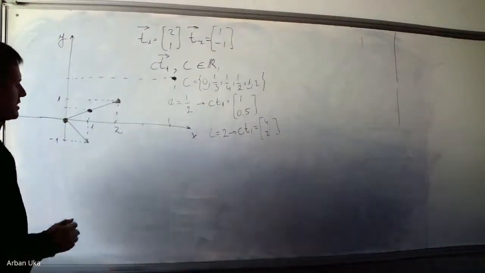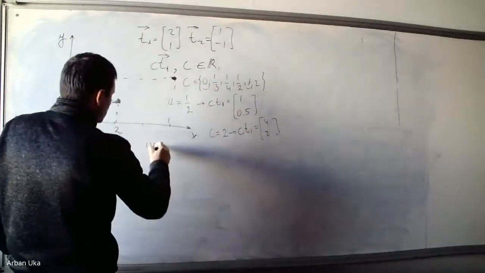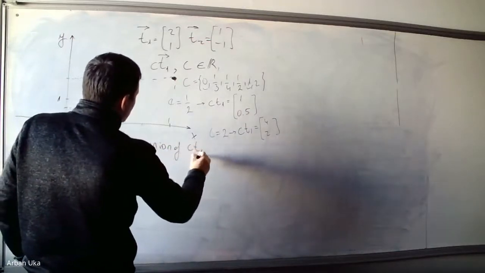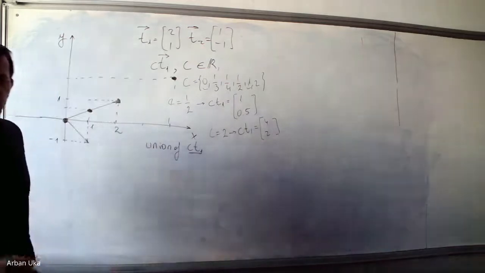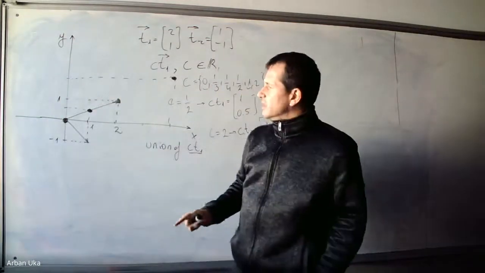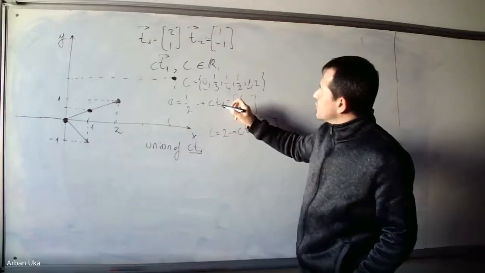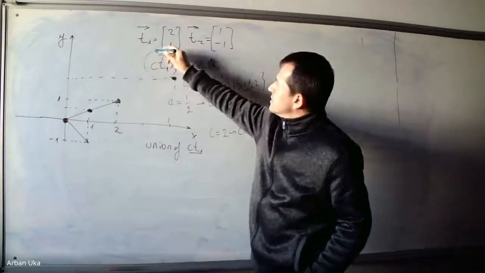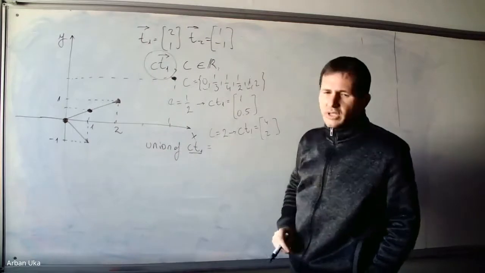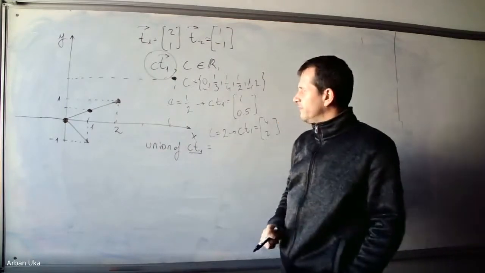Now, what is the union of CT1? What is the union of all of these points? What can they constitute together?